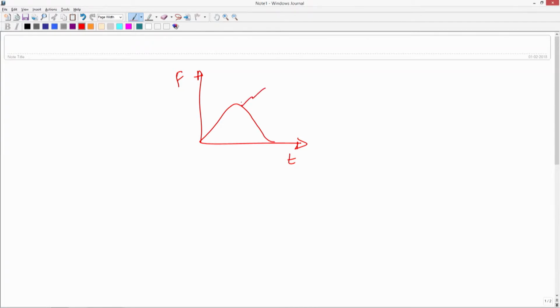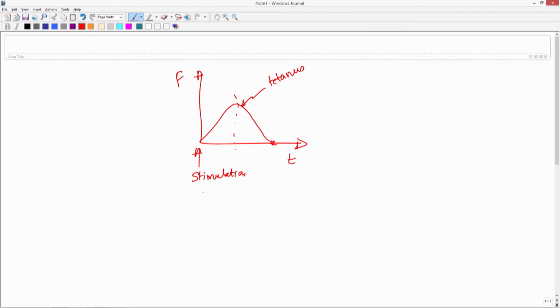This is called the tetanus in the literature. So, what have I done? I have started the stimulation over here and the muscle started developing the force over time, reached some maximum and then fell down and then attained some 0 over here.